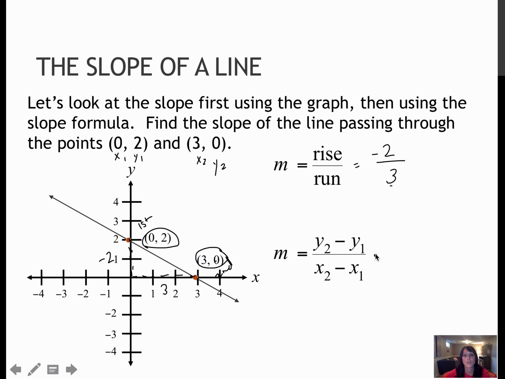I'm just going to plug those values in here, which means I'm going to take my second y minus my first y, so 0 minus 2, over my second x minus my first x, so 3 minus 0. Then I'll simplify. 0 minus 2 is -2, 3 minus 0 is 3, and notice that those two are the same solution.